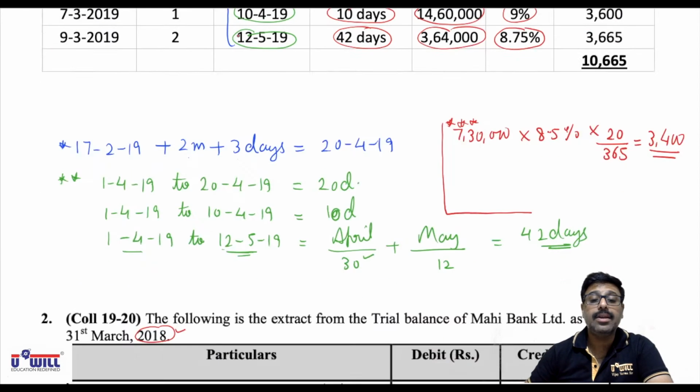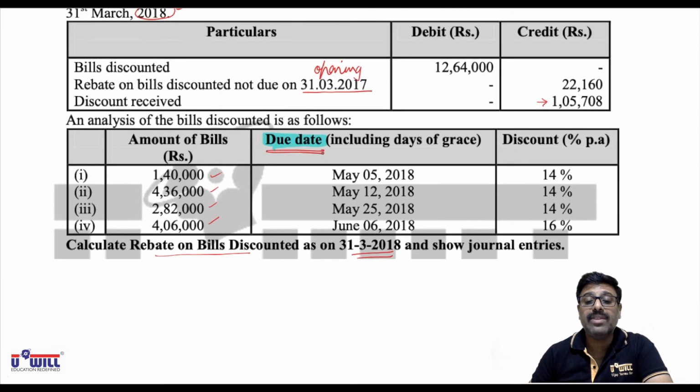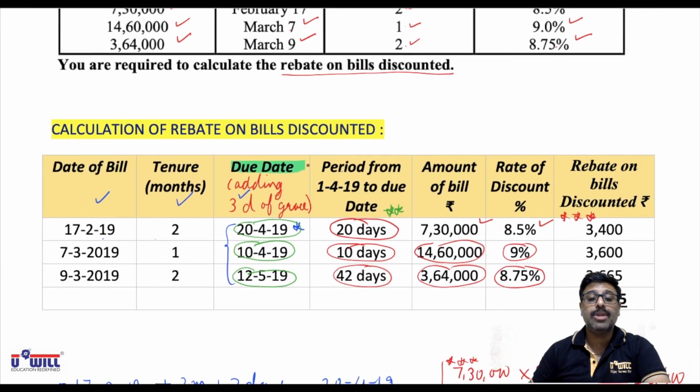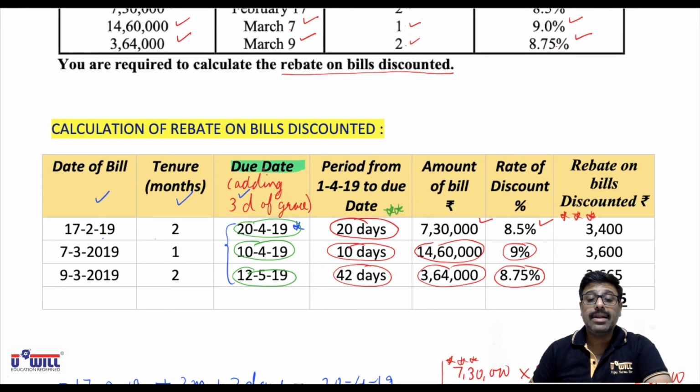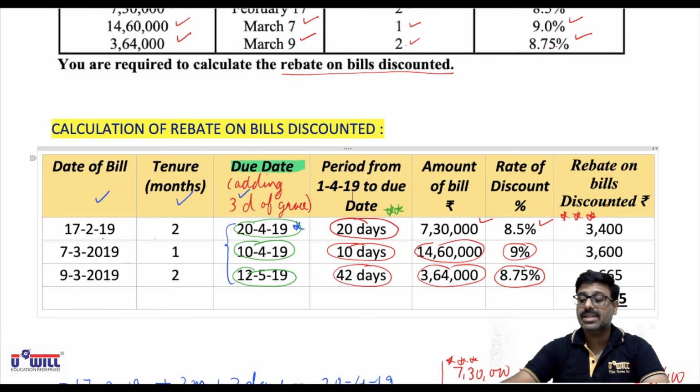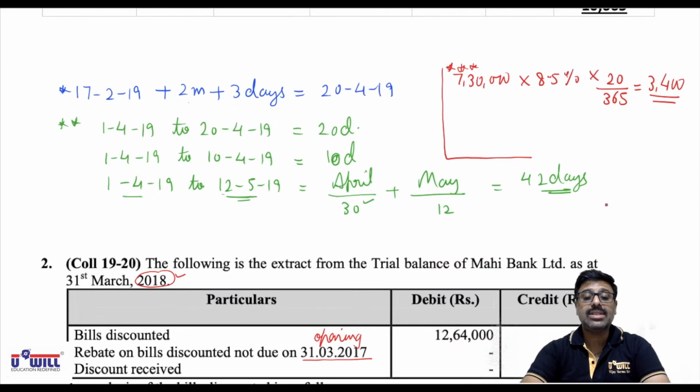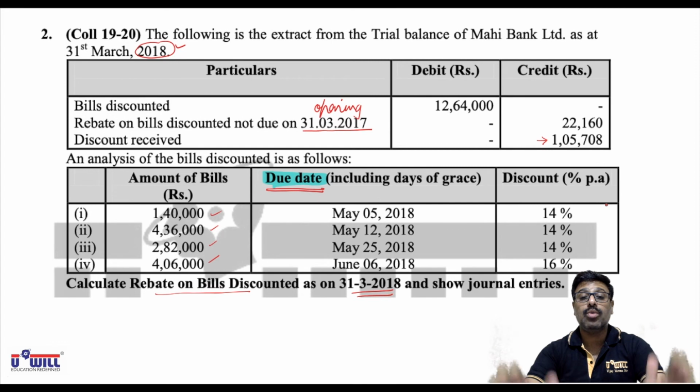Because the due date of the bill is directly given. So here we'll not make 7 columns, we'll make only 5 columns. Which 5 columns? Due date, period from 1st April in this question 2018 to the due date, amount of bill, rate of discount and rebate on bills discounted. Because the due date is directly given, only 5 columns are to be made.